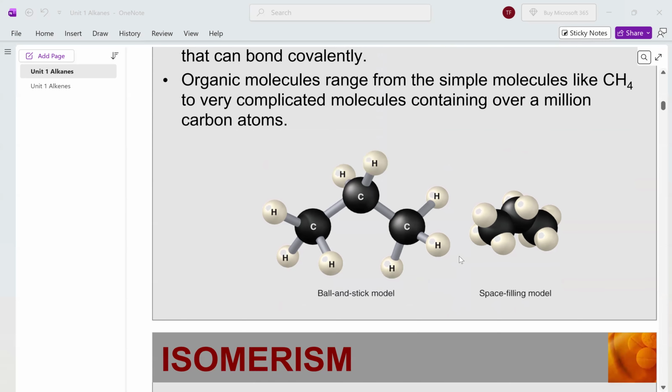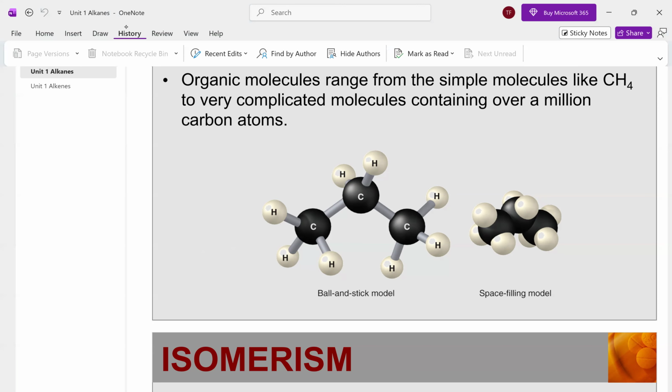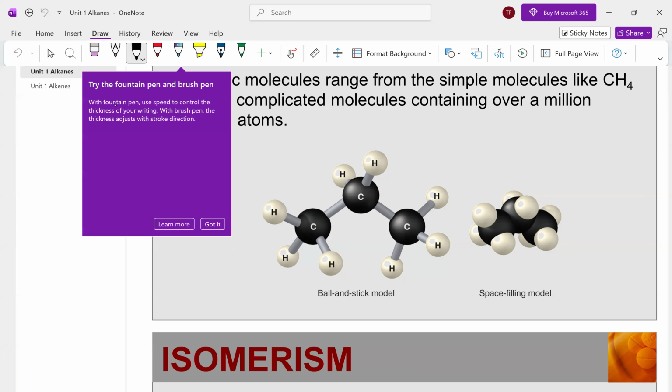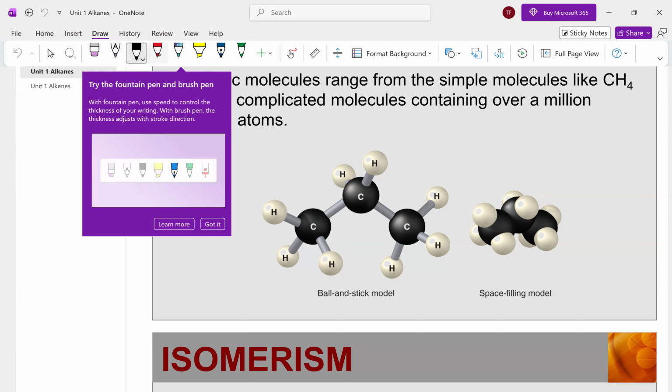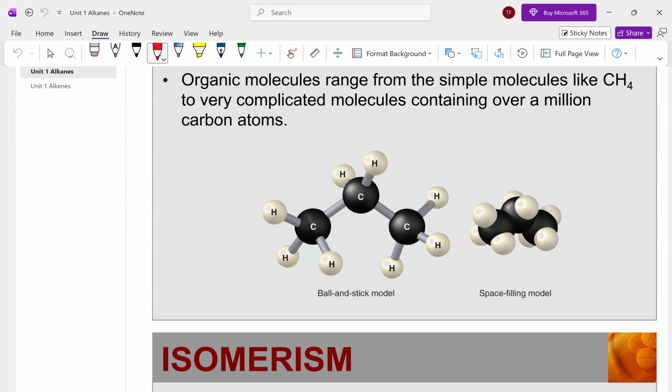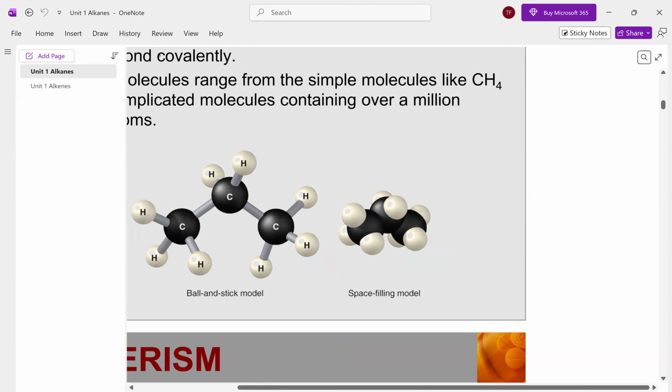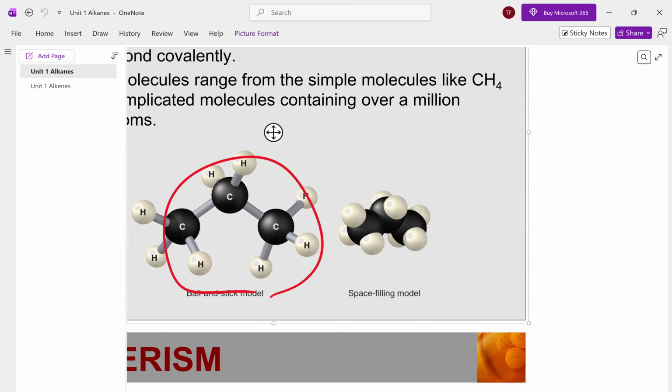Okay, so if we look at, let's look at this here. 3 carbons and a whole bunch of hydrogens.